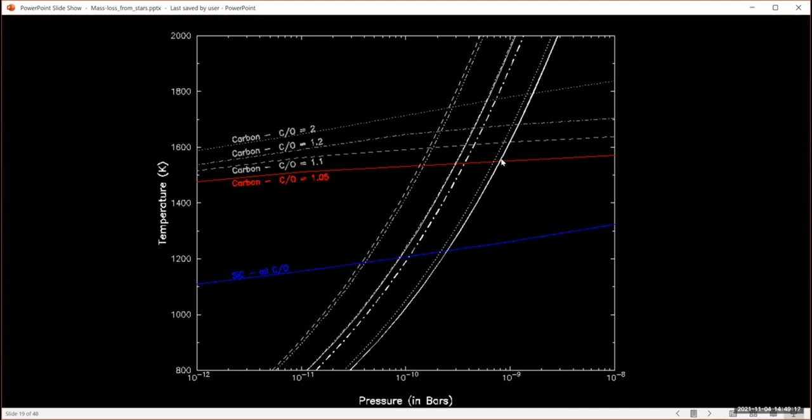And it's going to be just under 1500 Kelvin for all of these stars. If we were to increase the carbon to oxygen ratio, it will be a higher formation temperature. And so this is something that we can now use to understand the environments around our stars and work out what the inner radius is, and use it in model inputs and so on to understand exactly what's going on in dust formation around stars.